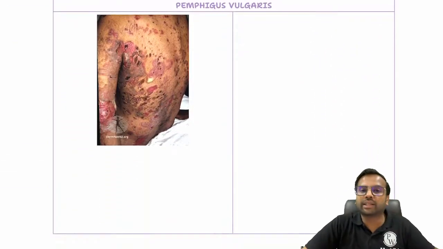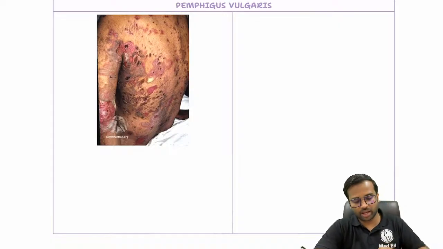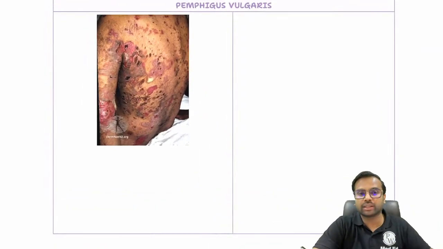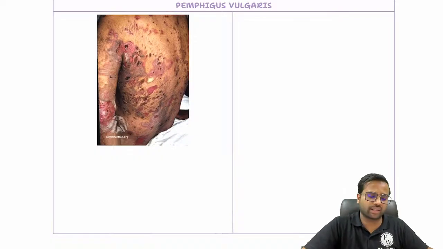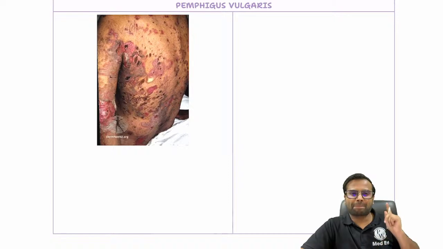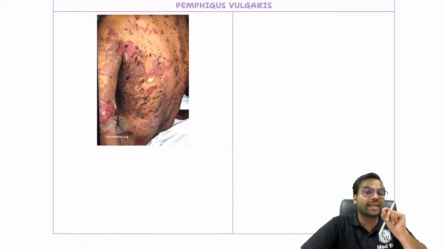Now coming to another very important topic, and this very important topic is called pemphigus vulgaris. For your exam, remember, you have to see what the clinical scenario is in pemphigus vulgaris.